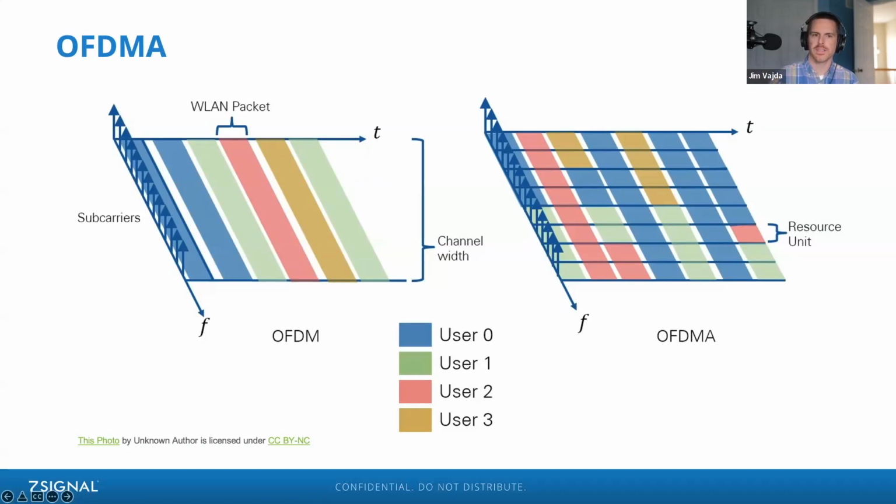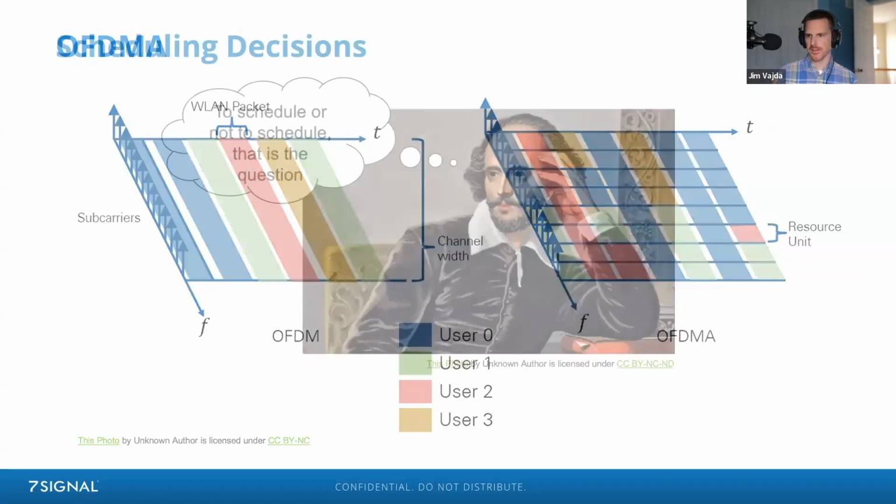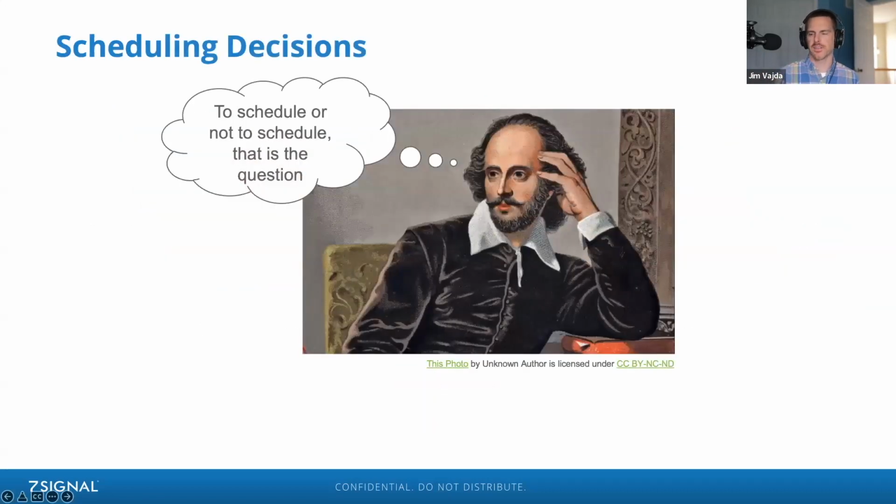So there was a lot of excitement about OFDMA when it came along, but there's a lot of complexity involved in it too. And one of the ways to think about it is the AP has to answer this eternal question that comes to us from Shakespeare. He says, to schedule or not to schedule, that is the question. So in 802.11ax, we still have all the legacy channel access procedures available to us.